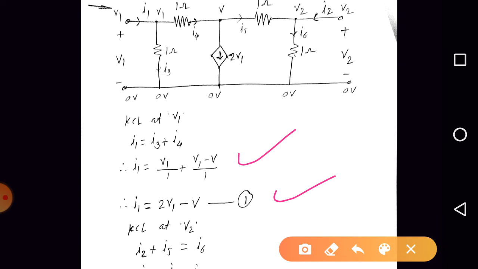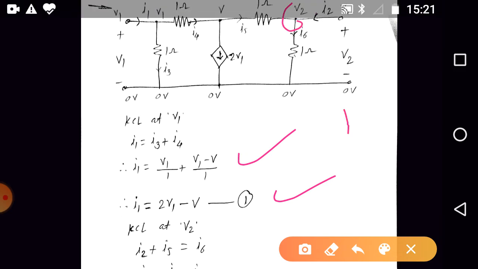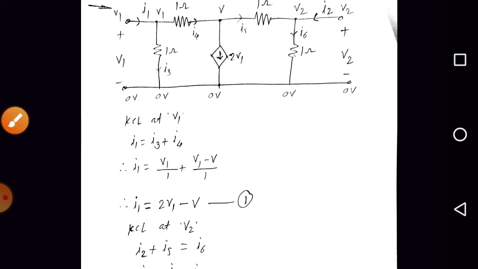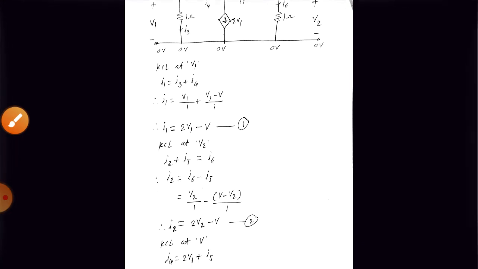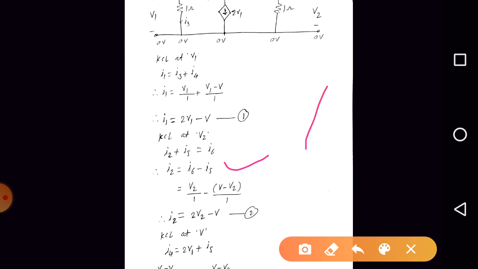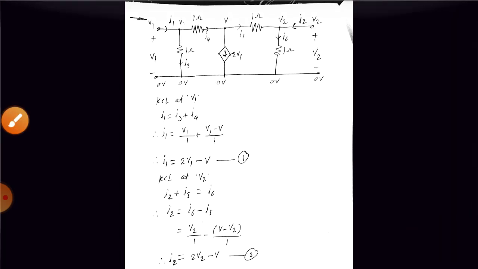Next, can we apply KCL at V2? Yes. From this we can write I2 plus I5 is equal to I6, so I2 is equal to I6 minus I5, because we require the expression for V1 and I2. Can we replace I6 and I5 in terms of voltages?